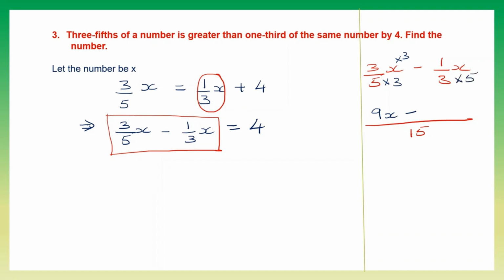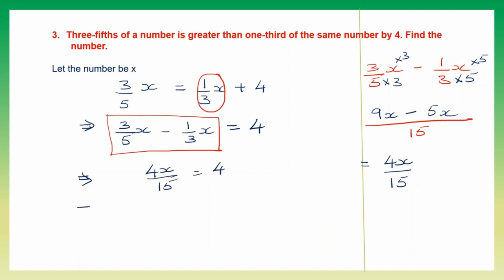So I need to multiply 1x by 5, which will be 5x. So this will be 9x minus 5x, that is 9 minus 5 is 4, 4x by 15. So let's write it down there. So now this is 4x by 15 is equal to 4.